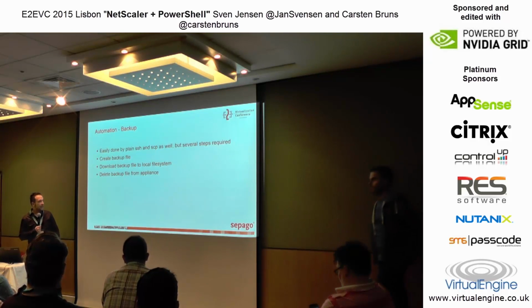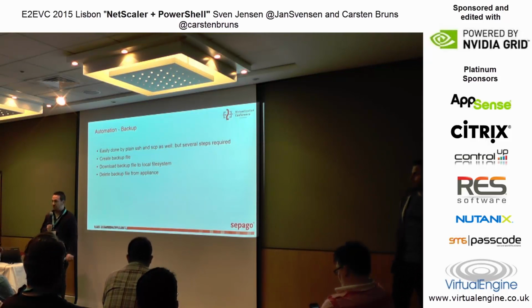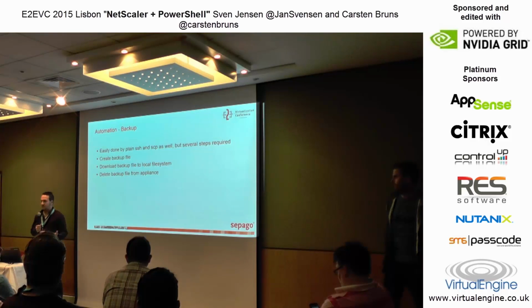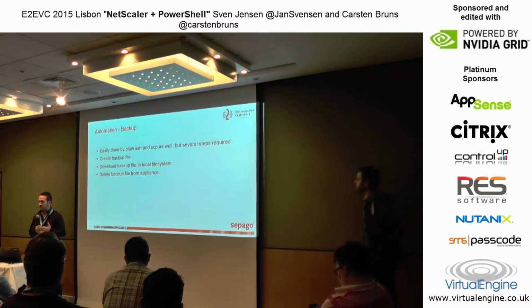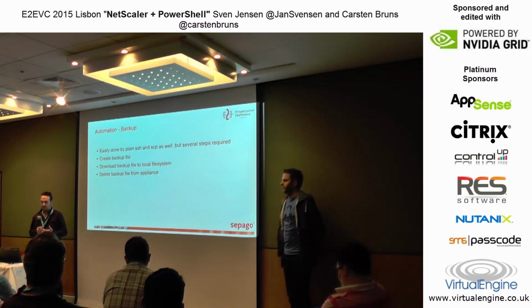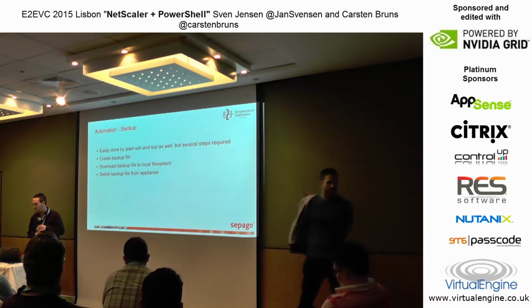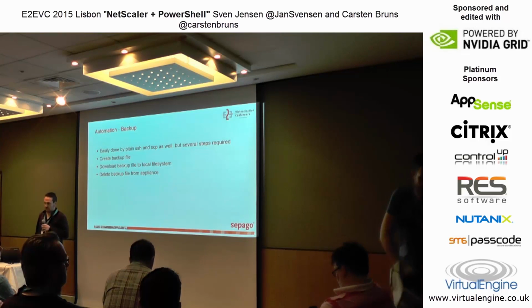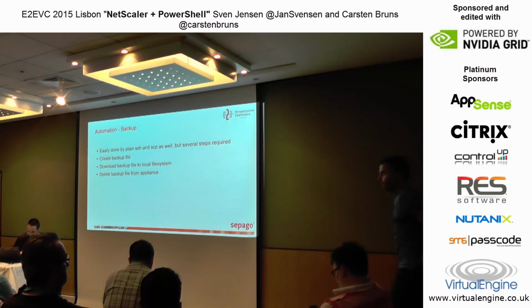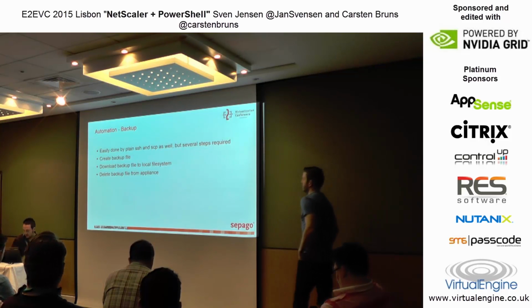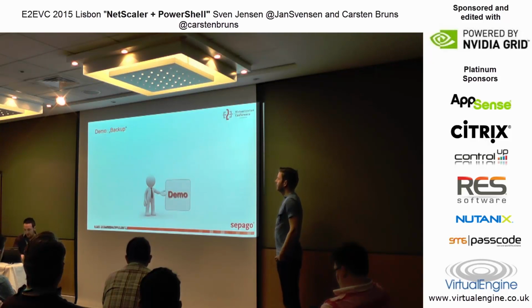And you can delete the backup files from the appliance directly, because if you have been running a NetScaler for a long time with a daily backup, you will have a lot of backup files, so we want to delete them directly. So let's install it.